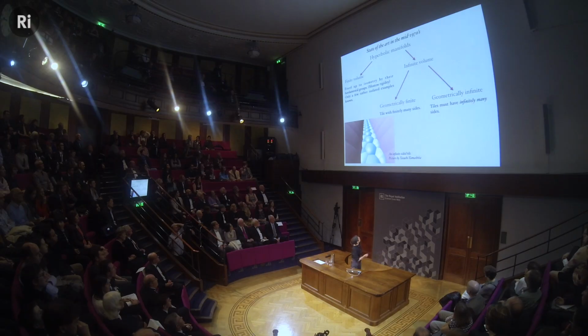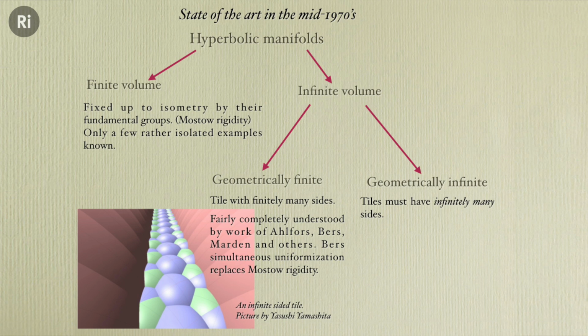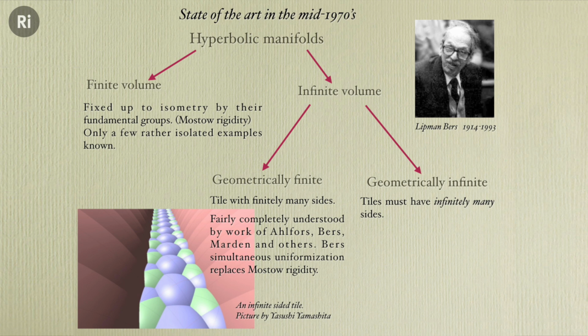So what was known? Well, we knew this wonderful Mostow rigidity theory, but we didn't really have many examples. There were some nice examples, but they were a bit special and almost like curiosities. Maybe some examples to do with number theory. Then we had the theory of Bers's theorem, and there's a picture of Bers, who was originally Finnish, but he spent the latter part of his life in the United States.